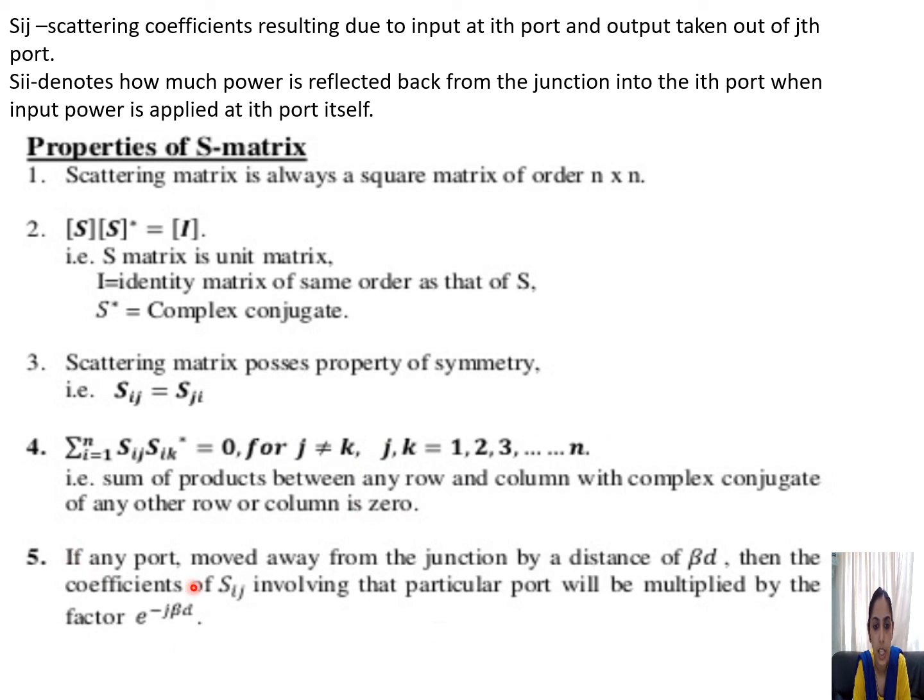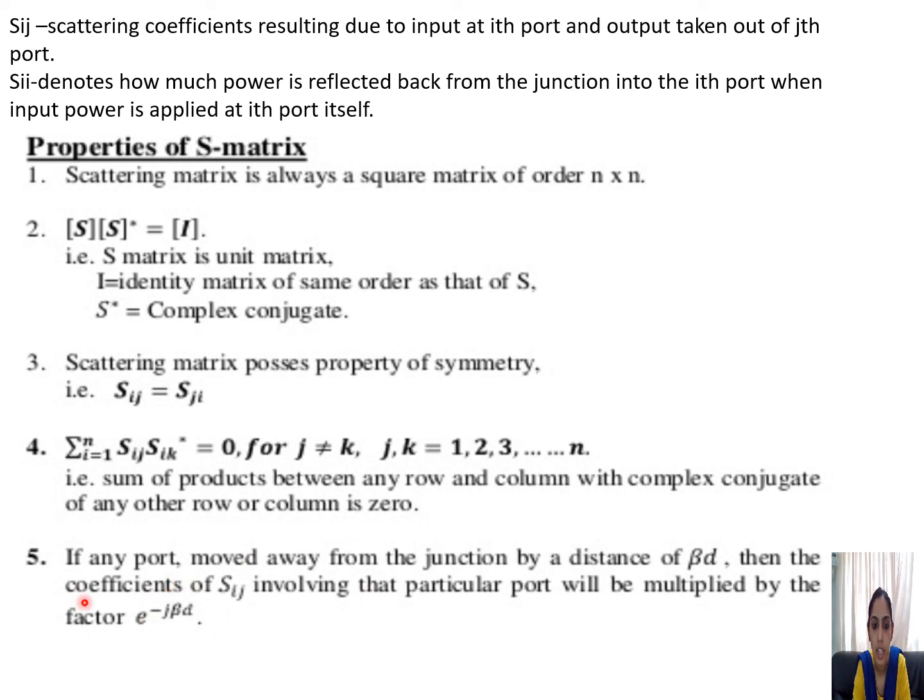The fifth property states that if any of the ports is moved away from the junction, it can be any number of ports, by a distance of say d, then the coefficients Sij involving that particular port will be multiplied by a factor of e raised to minus j beta d.